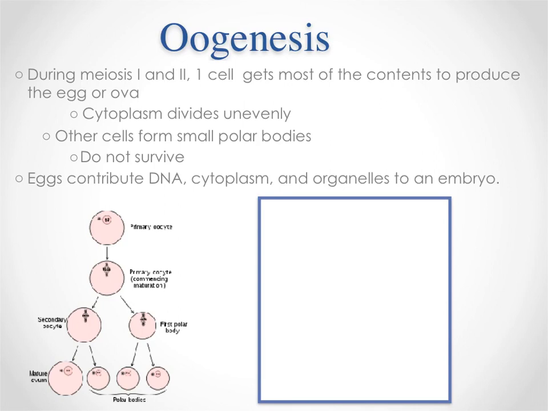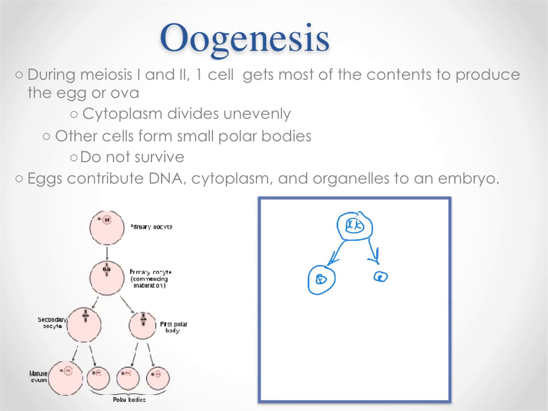So if we have this oocyte, that's going to divide during the first meiotic division, or meiosis 1. Most of the cytoplasm goes into this cell, and very little goes into this cell. It still gets the same amount of DNA. I mean, it's different combinations, but it's the same amount of DNA.